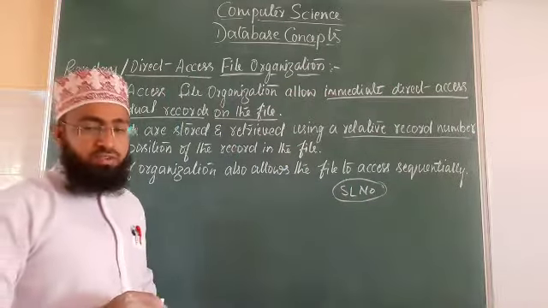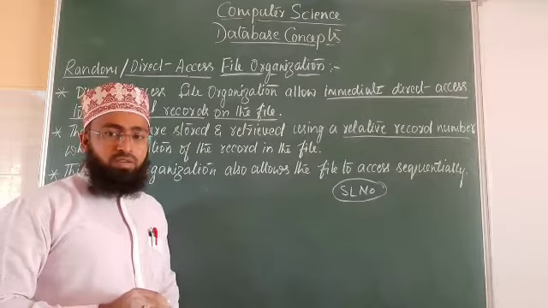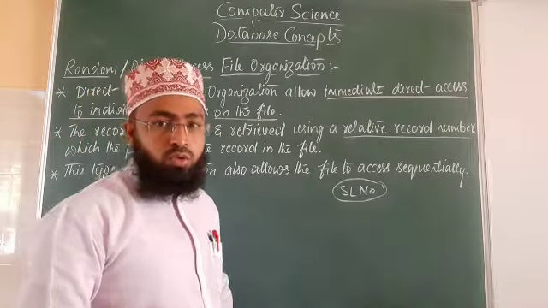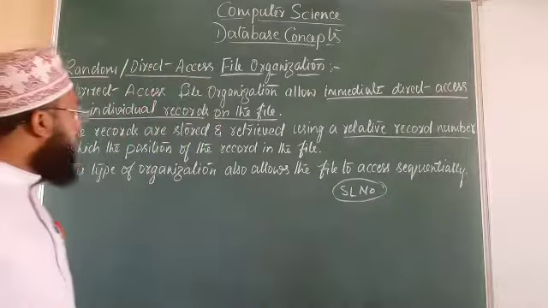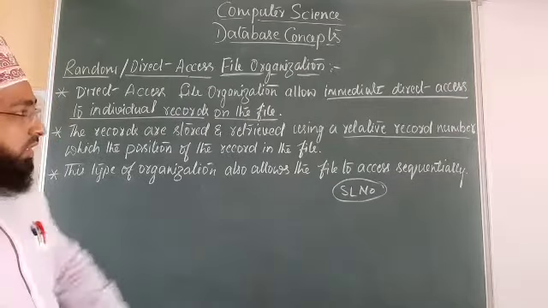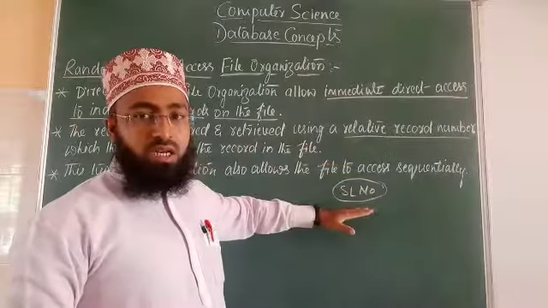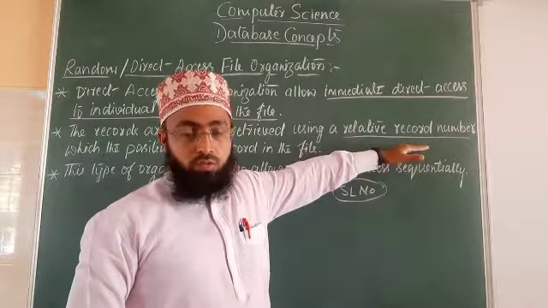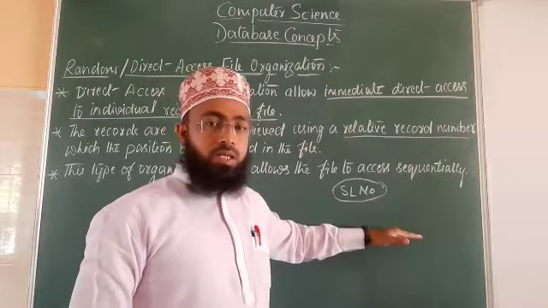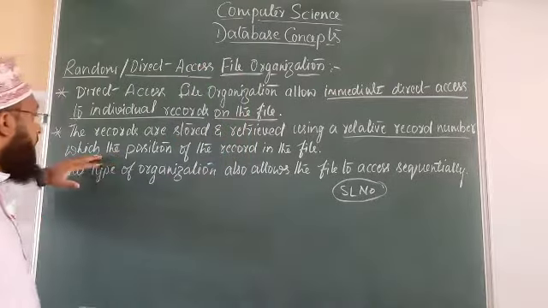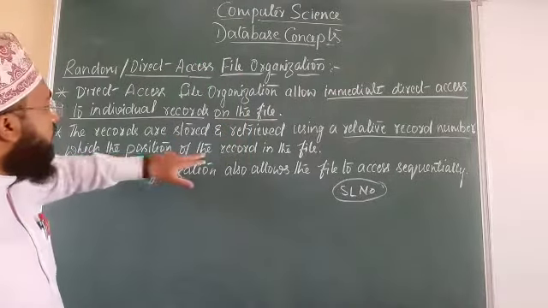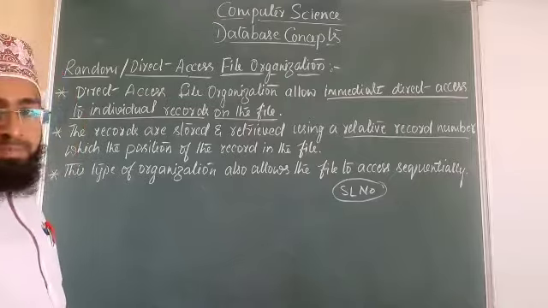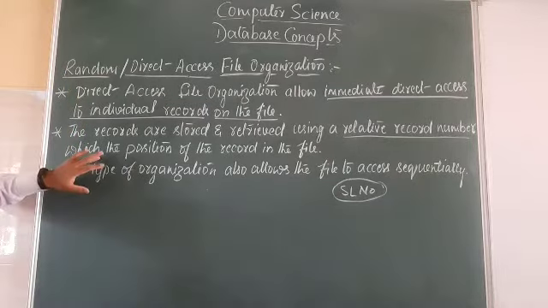In a file, the serial numbers are different for each record. Here, just like a serial number, a relative record number is given to every record, which gives the position of the record in the file.